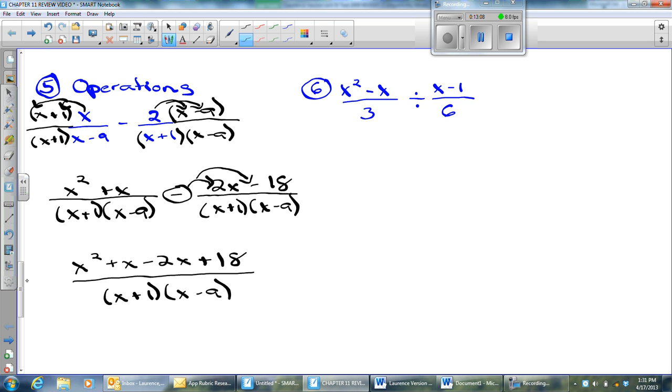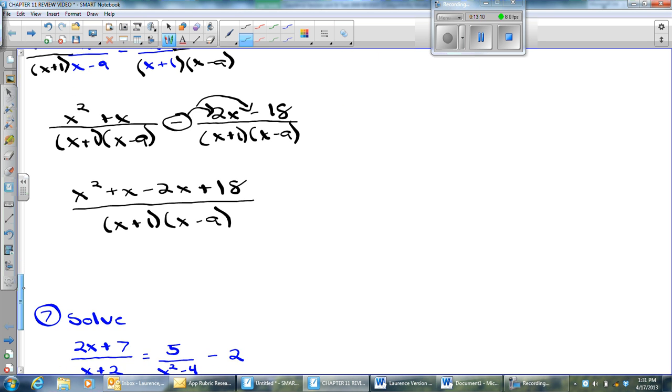Now we're going to combine like terms. We have x squared minus x plus 18 all over x plus 1, x minus 9.